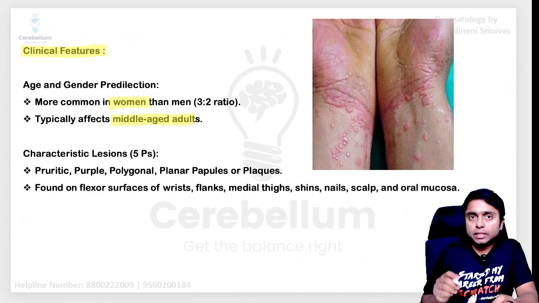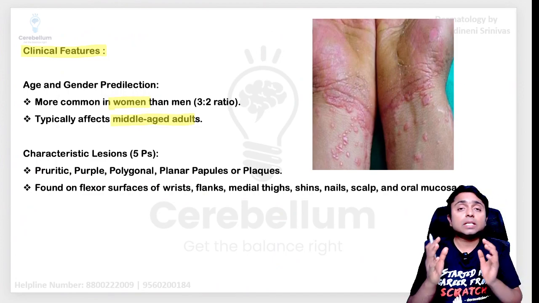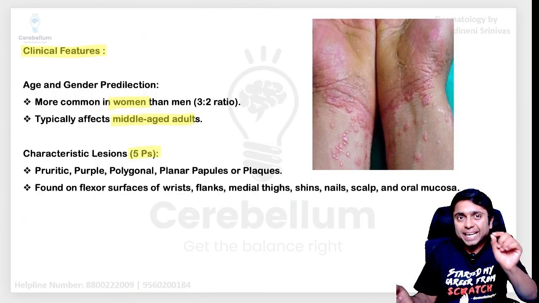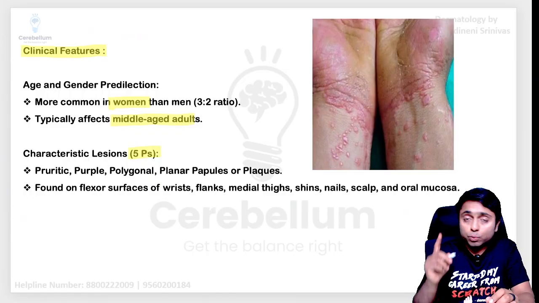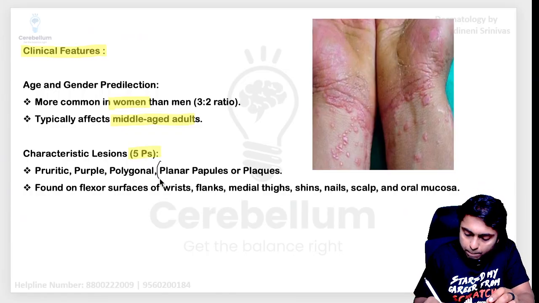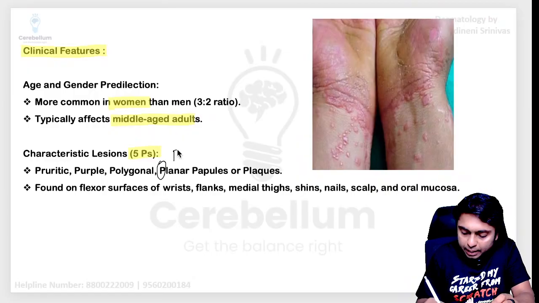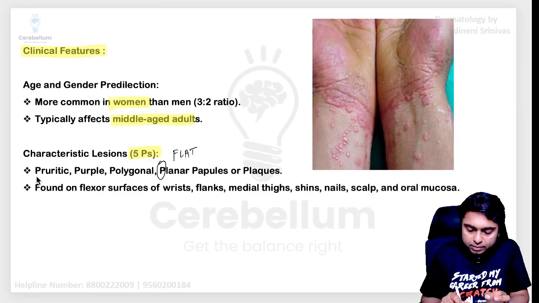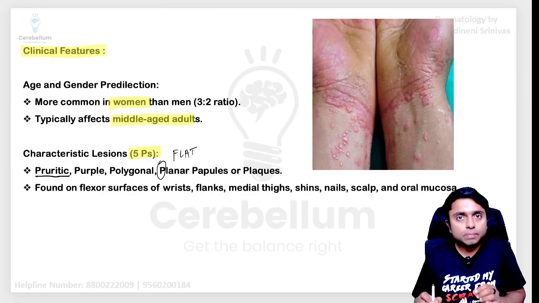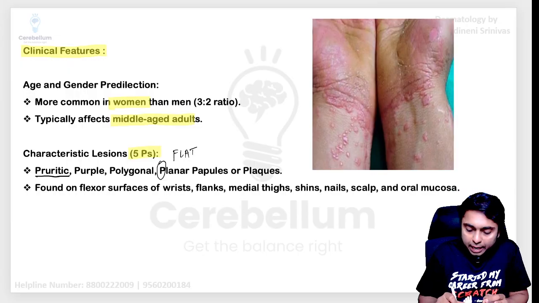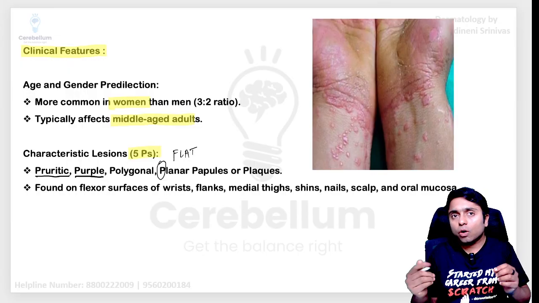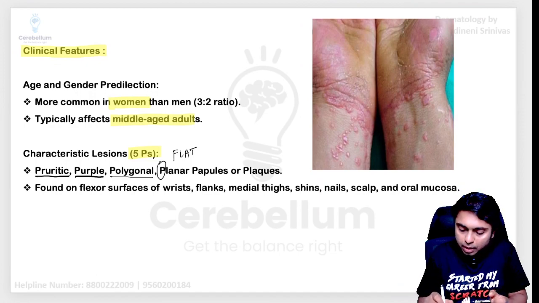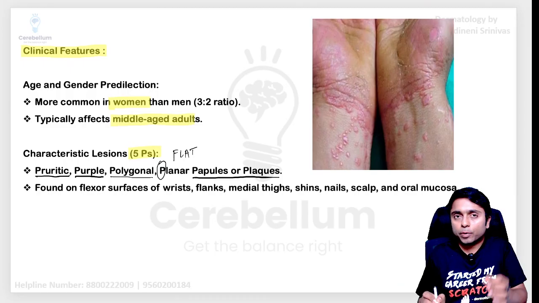And in the characteristic lesions, in the clinical features, remember 5 P's. In fact there are so many other P's also. Lichen planus, so in the name itself there is one P. The lesions are planar. What do you mean by planar? Planar means flat. And the condition is very itchy. Pruritic lesions will be seen, and the lesions are going to have a purple color, and the shape is polygonal, and the type of the lesions are papules and plaques.